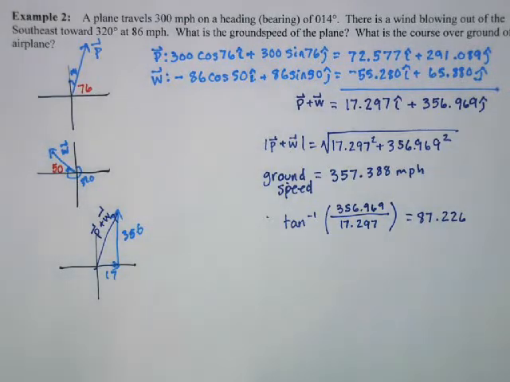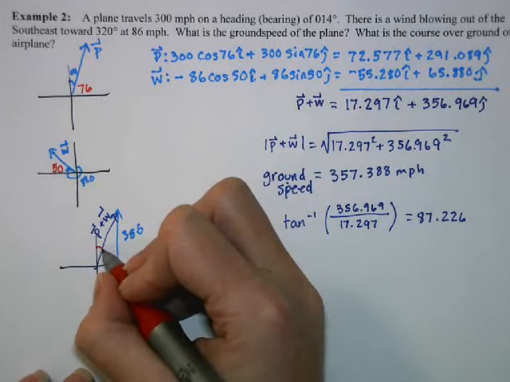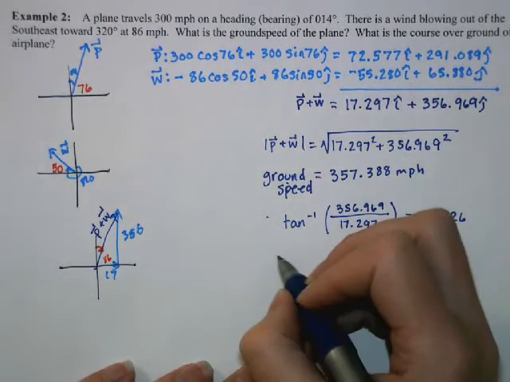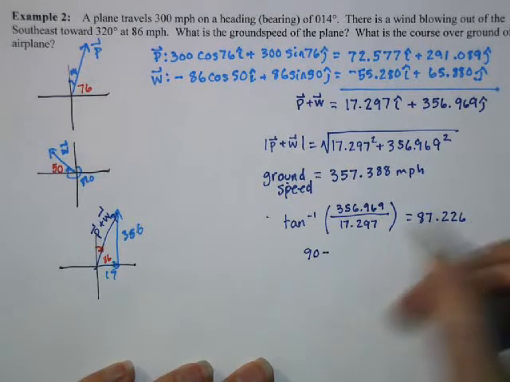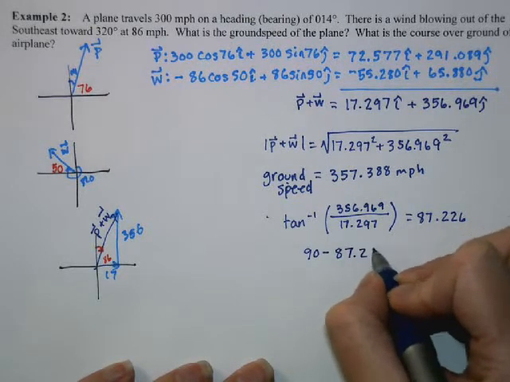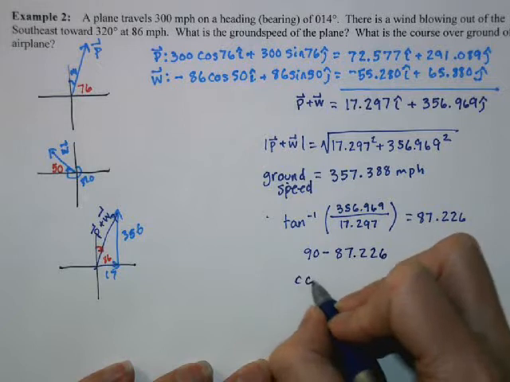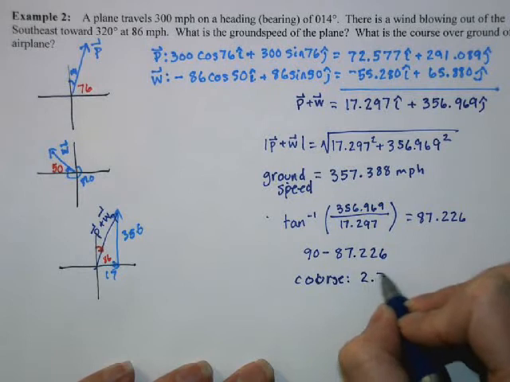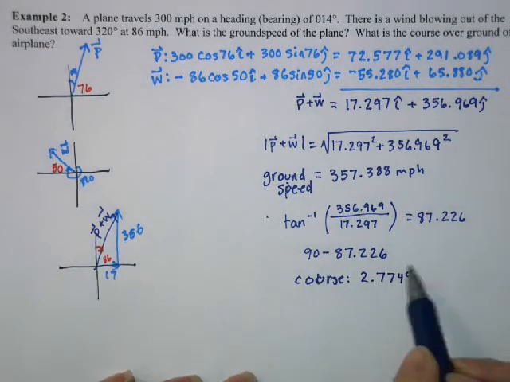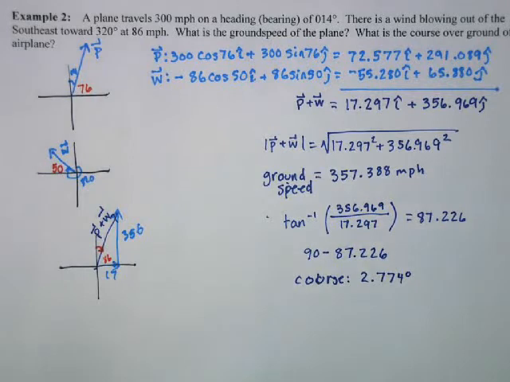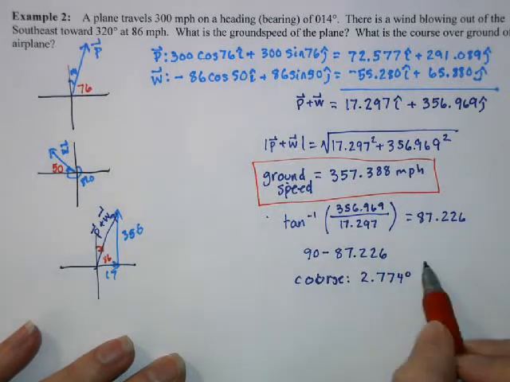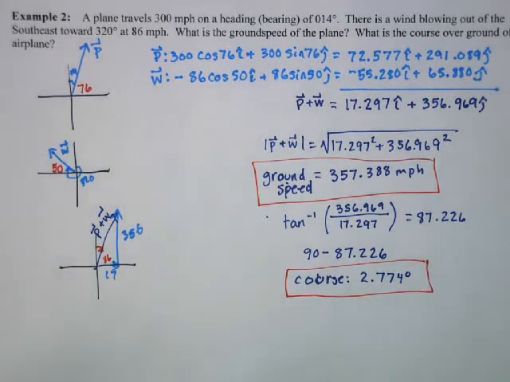But again, that is the reference angle. What we want is the bearing from due north. So for this case, I'm going to subtract our answer from 90. This gives me a course or a bearing of 2.774. So almost due north, but not quite. So our speed and our course over ground, where the plane is actually headed.